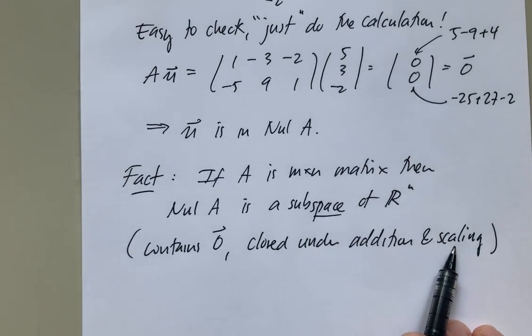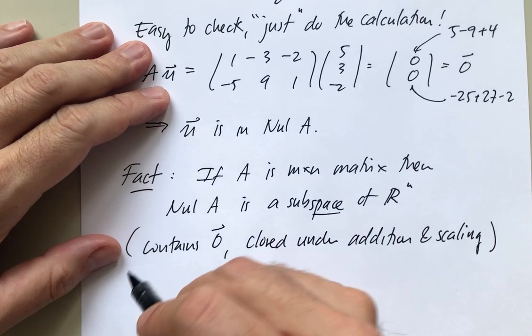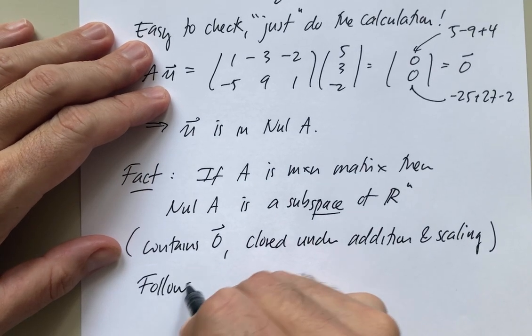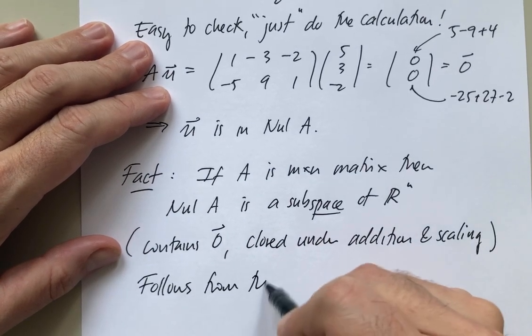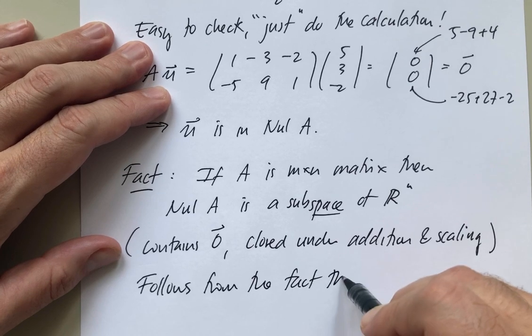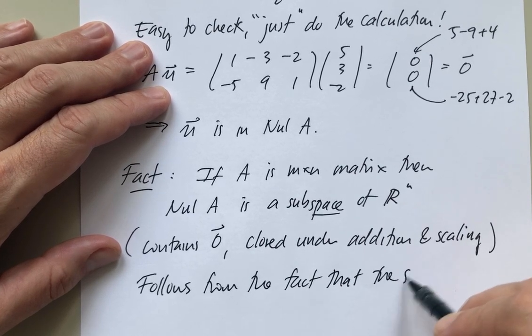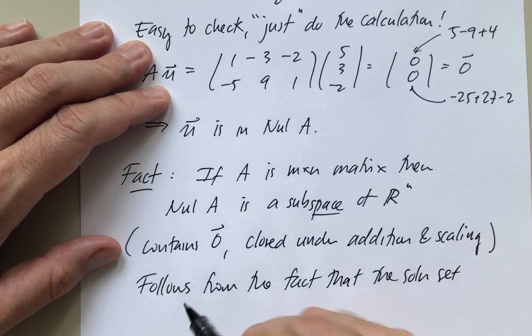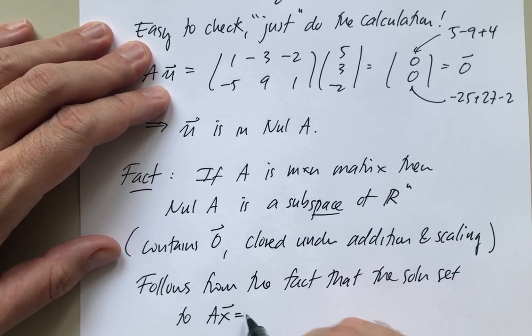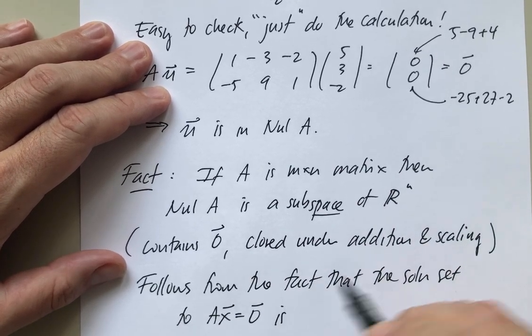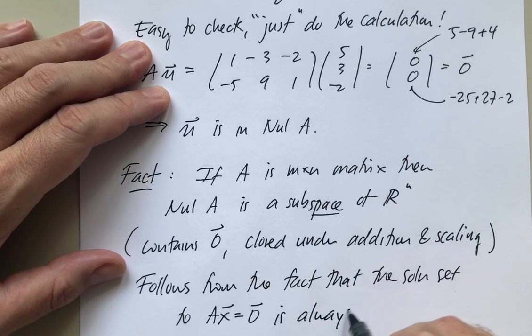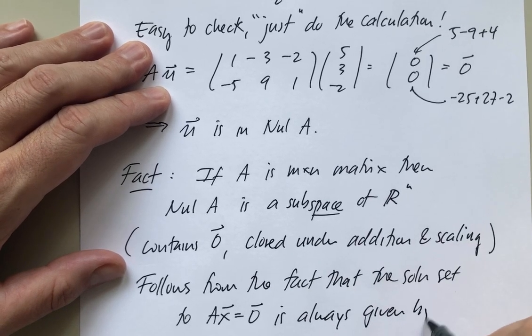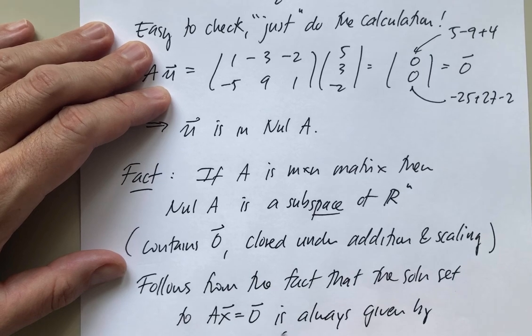I'm going to talk about one way to prove this in our discussion, but this also follows from the fact that the solution set to the homogeneous system is always given by the span of a bunch of vectors.